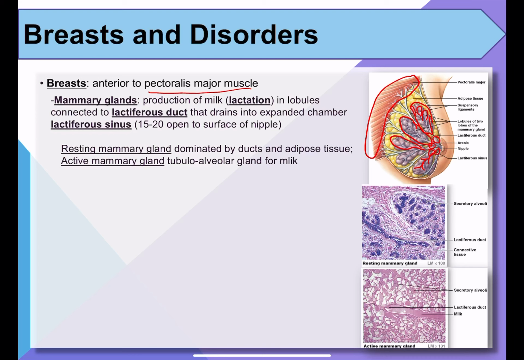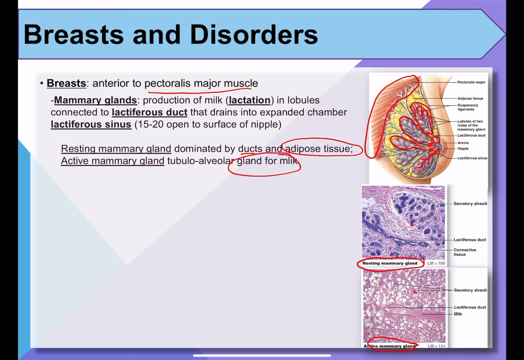Okay. Now, resting mammary gland should be dominated just by ducts and mostly adipose tissue, whereas an active mammary gland is dominated by those tubulo-alveolar glands for milk. Okay, so this is how an active mammary gland histology would look like, whereas the resting mammary gland would kind of look like this.